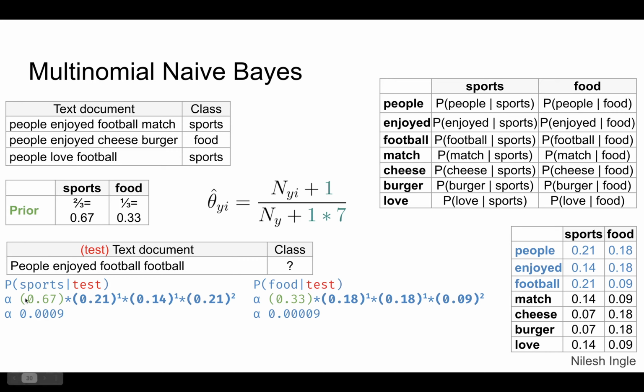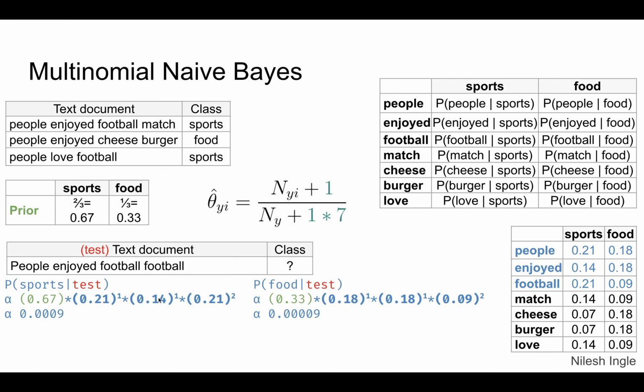So here we have 0.67, which is the prior for sports, multiplied by 0.21, which is for people, and there's people here. So we have people from sports, and because it's just occurring once, we have raised to power 1.